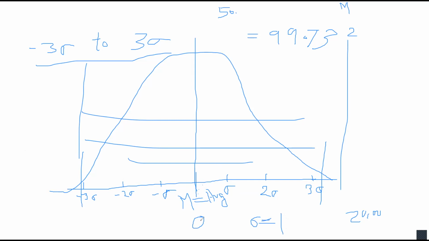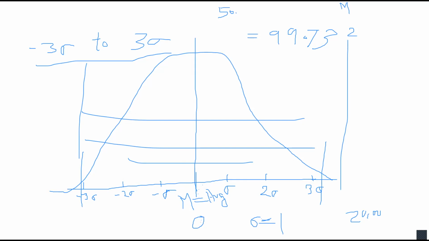So in the standard normal distribution, mean is always 0 and sigma is always 1. Let me show you on Minitab.